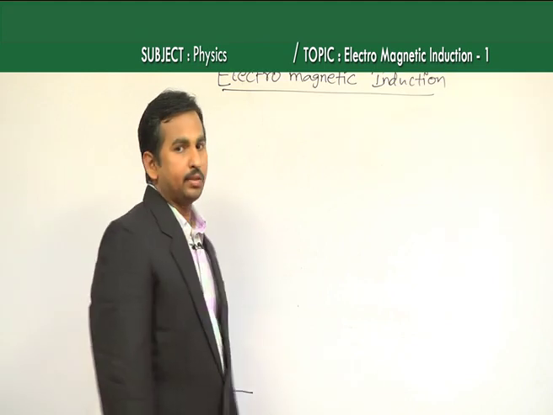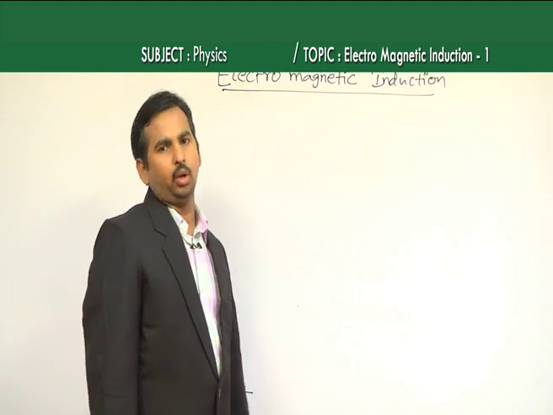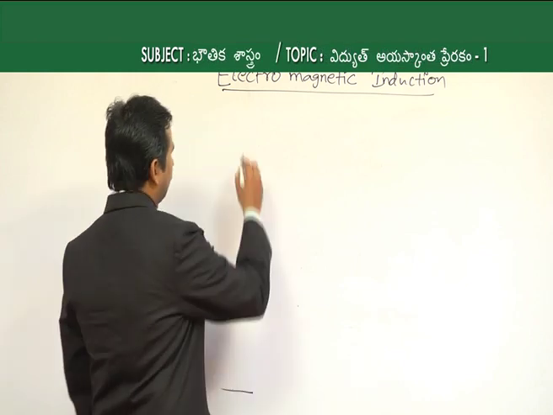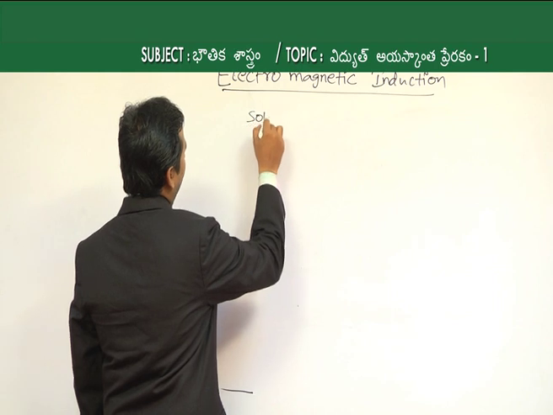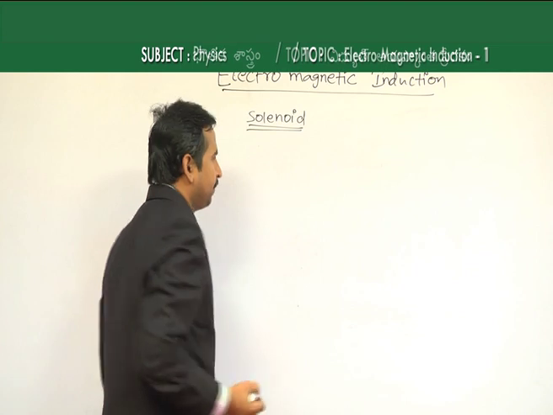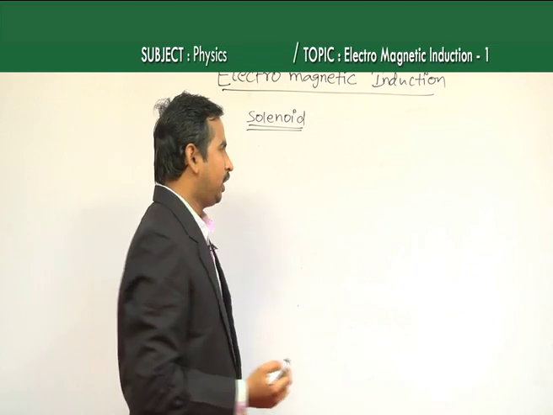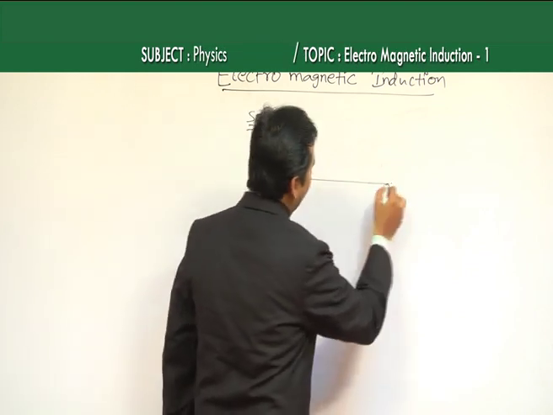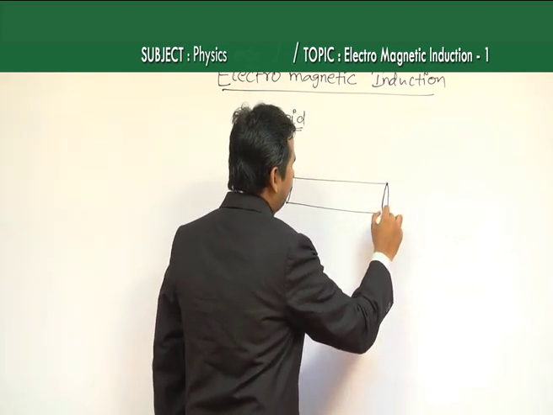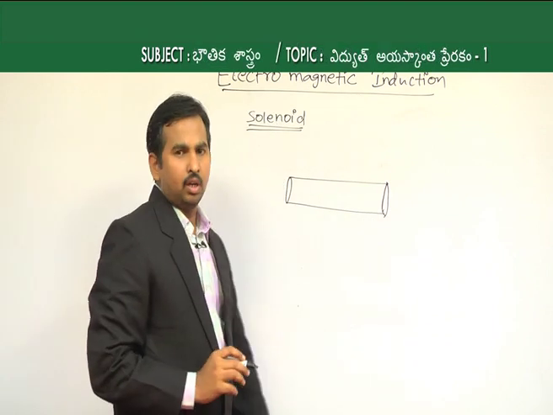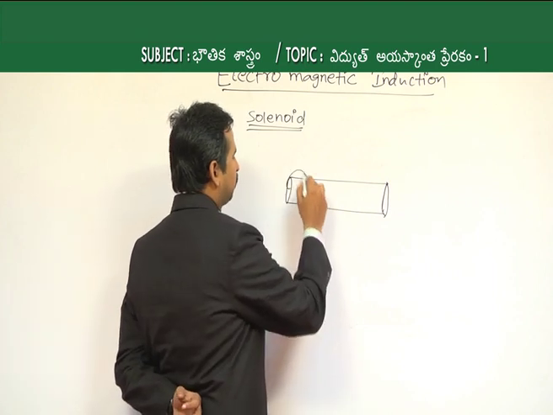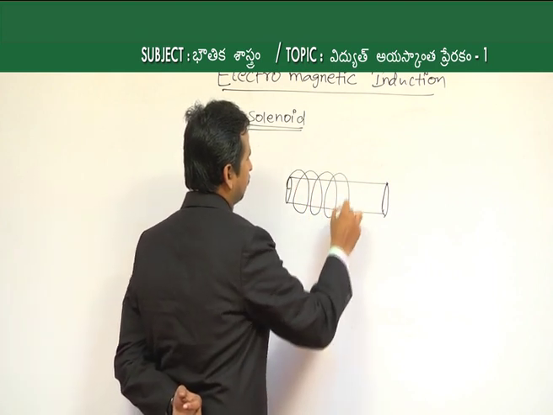So now we have seen a straight conductor and a circular coil. Now we take another one, called a solenoid, which is a strong, powerful electromagnet. A solenoid is nothing but a cylindrical insulating material like plastic or wood, around which we wind a copper wire like this.